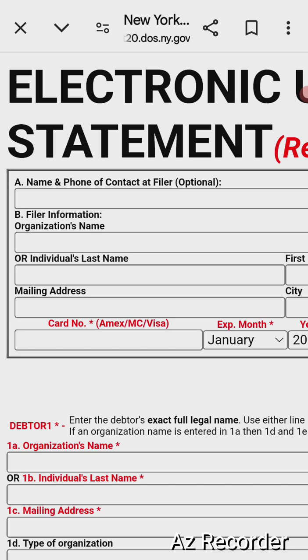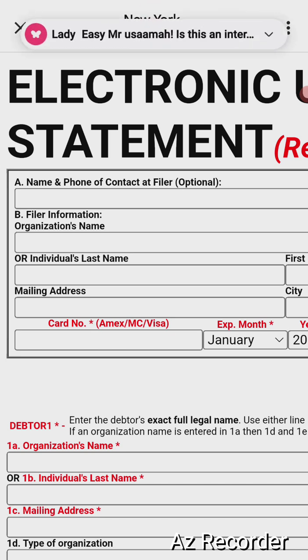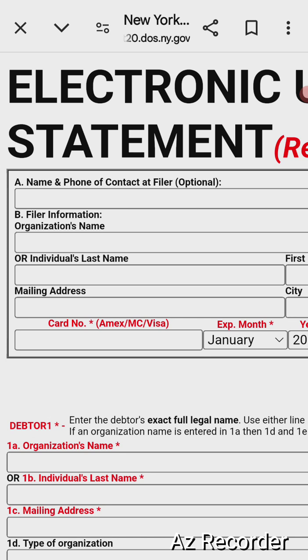This section right here is purely about the credit or debit card that you're going to be using to pay the fee for the filing. So the way in which you write your name does not matter. All they're asking for is the information for the credit or debit card.